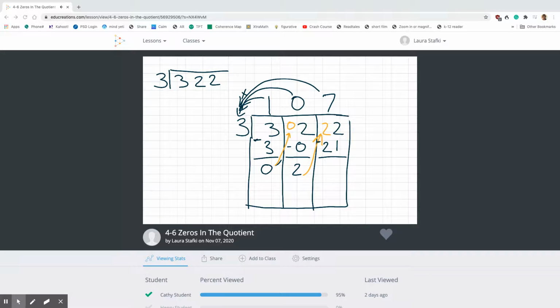Pause your video. Yep, I'm going to subtract. Now I have a remainder of 1. In 4th grade, we always wrote remainder 1. You can get a little bit trickier and do 1 out of 3. The remainder is 1 out of 3, and so you could add a fraction if you wanted to. This is acceptable.